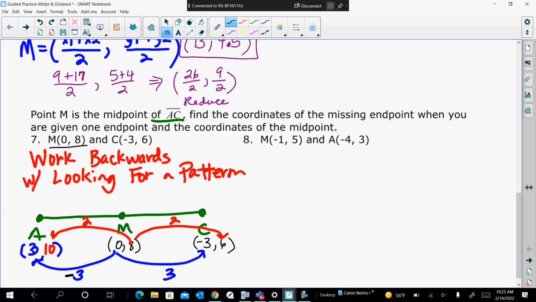And if I'm at 0 and I subtract 3 again, that would give me -3. Do y'all see the pattern between the numbers? If I was at 10 and I subtract 2, that would give me 8. If I subtract 2 again, that gives me 6. It has to be the same distance for it to be a midpoint. All right, you're going to finish this. I'm going to stamp it. This needs to go in your spiral after the green.